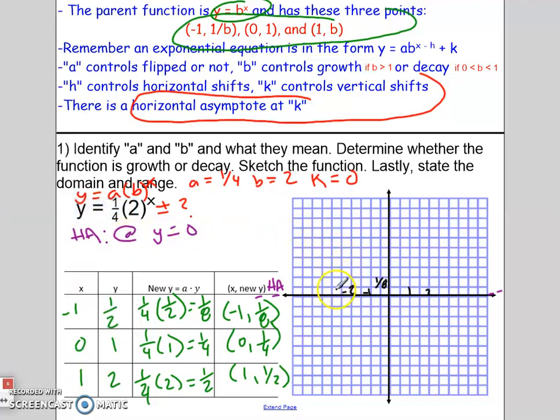So our first coordinate is -1 and 1/8. So that would be this first line right here. Our second coordinate is 0 and 1/4. So that would be this second line here. And our last coordinate is 1 and 1/2.